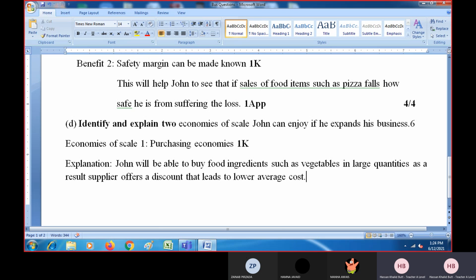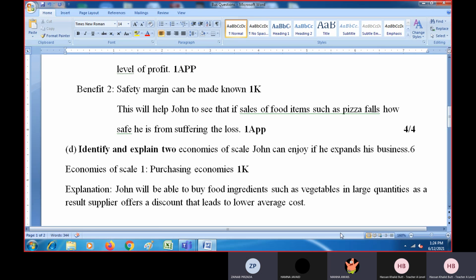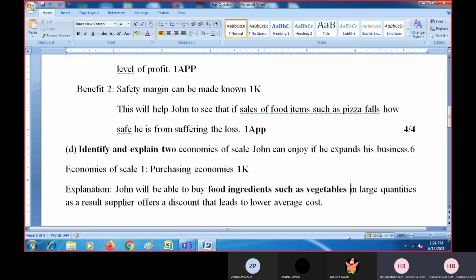Now, can you tell me where is the application which I used in this explanation? Anyone? Sir, you wrote food ingredients such as vegetables. Very good. Absolutely, that's right. Food ingredients such as vegetables. This is actually an application because it means that we are talking in context.